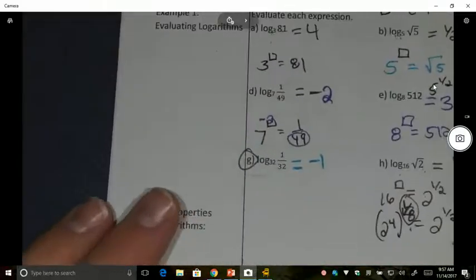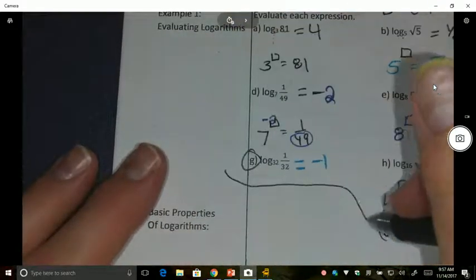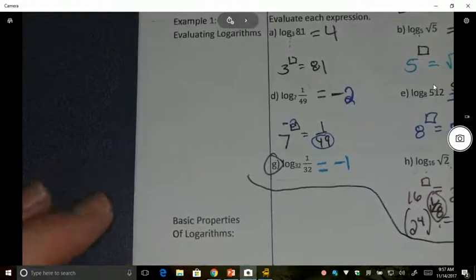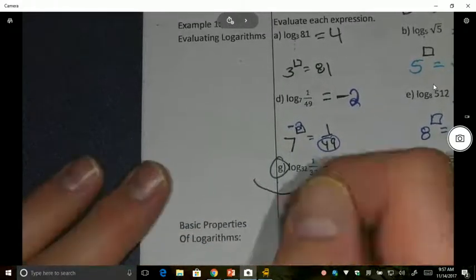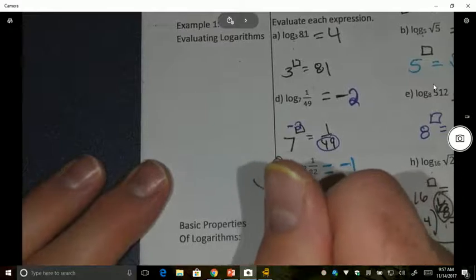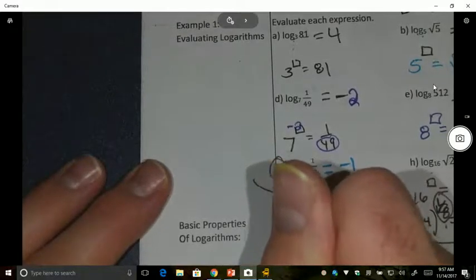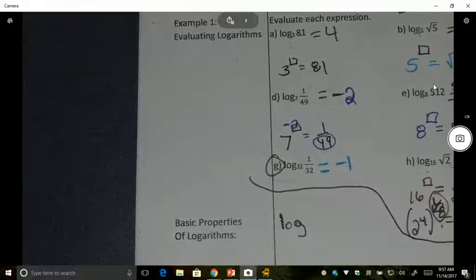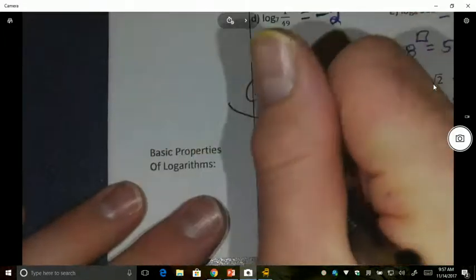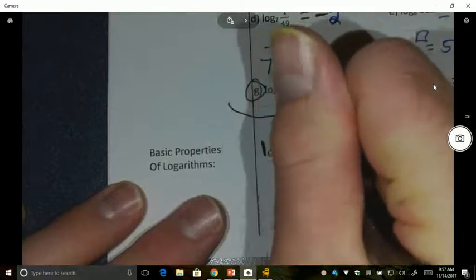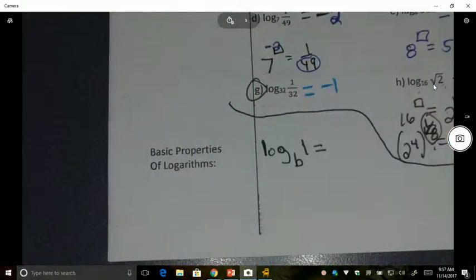Basic properties of logarithms we need to try to fit on this front page. We basically have some that are very self-explanatory, and then 2 others that are going to be the inverse properties, which might not be as concrete in terms of your understanding for it. Log base b of 1 will always be what number?